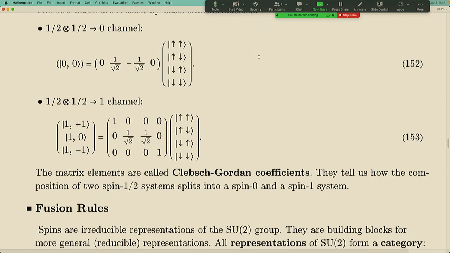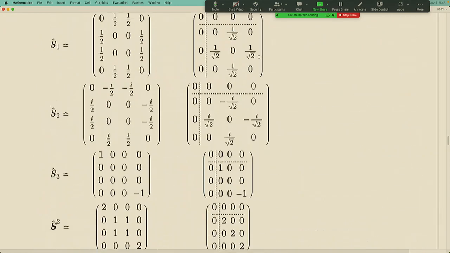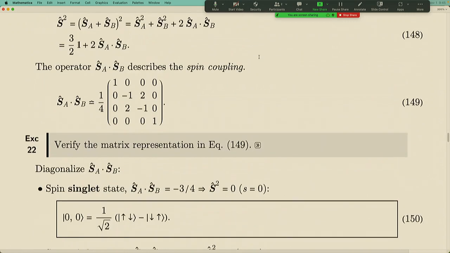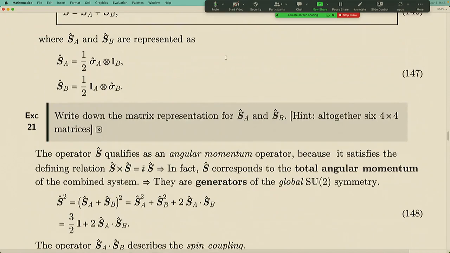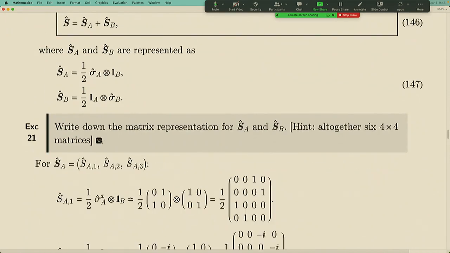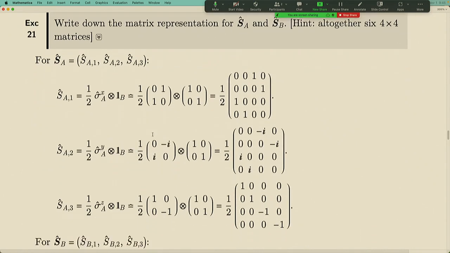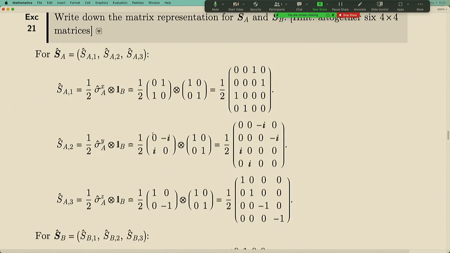Any questions? Yes. Can you explain how we wrote down the S1, S2, and S3 matrices in the spin 1/2 tensor 1/2? Yes. Very good. Maybe we can go through that. So first of all, we need to write down SA1, SA2, and SA3. The way to write it down is to follow the definition.